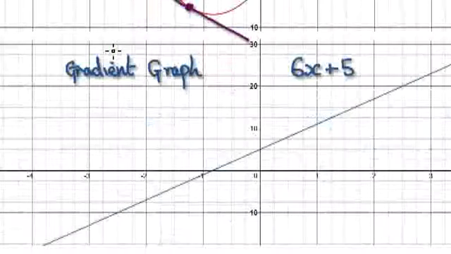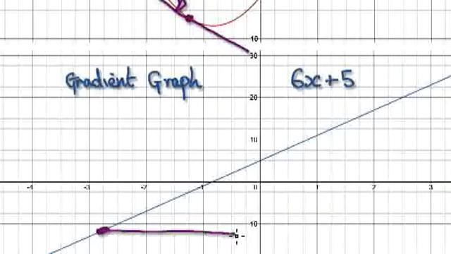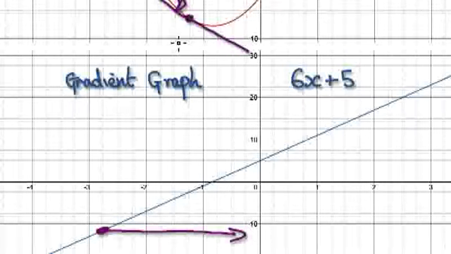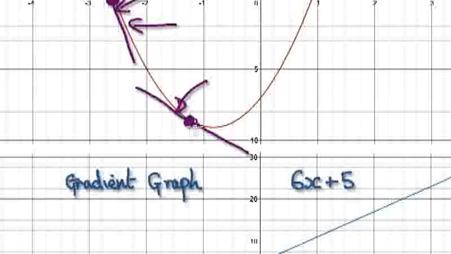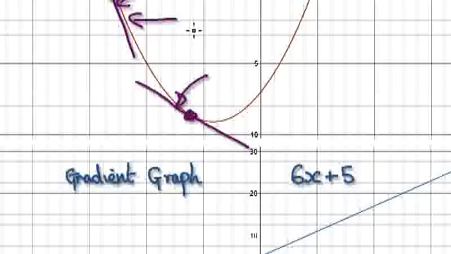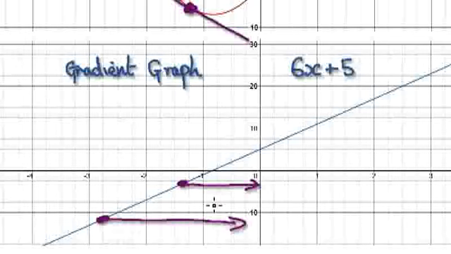So when you look at the gradient graph, you can see down here, the gradient is really high and negatively high. When it's around here, let's say 1 point something, the gradient is still negative, but it's not as steep.